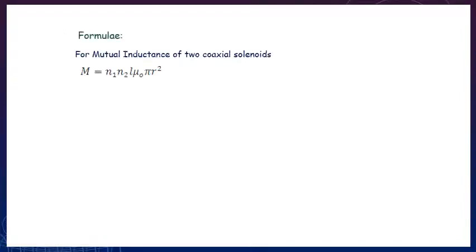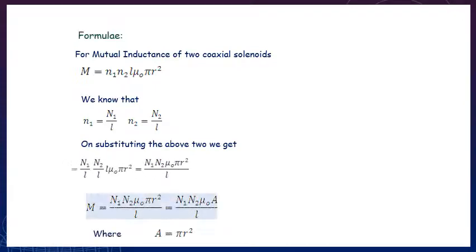First formula is for a mutual inductance of two coils, coaxial solenoids. We have seen that M is equal to N1 N2 L mu naught pi r square. So if we substitute N1 is equal to capital N1 by L, N2 is equal to capital N2 by L, we will be getting the following equation.